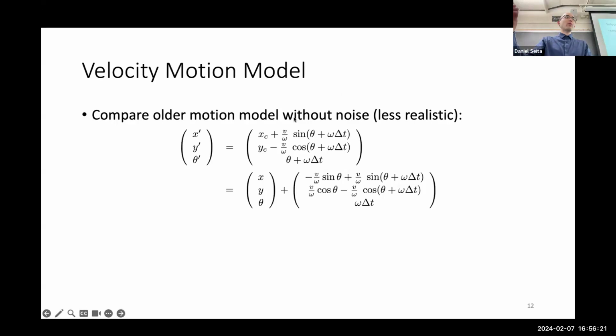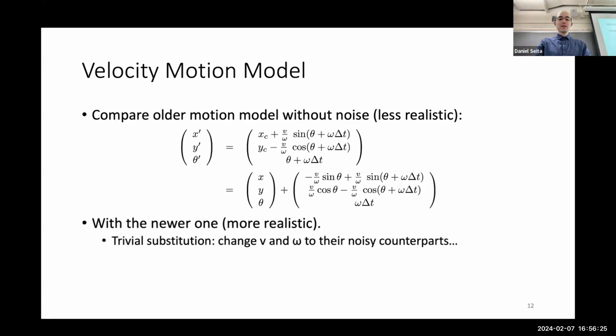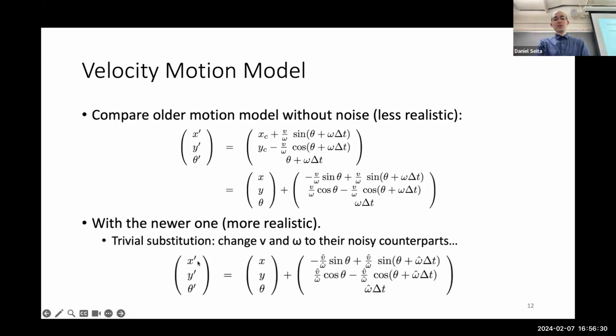And then what happens when we try to incorporate our noise term? It's basically a trivial substitution. All you have to do is take the bottom row, and change v into v hat and omega into omega hat.